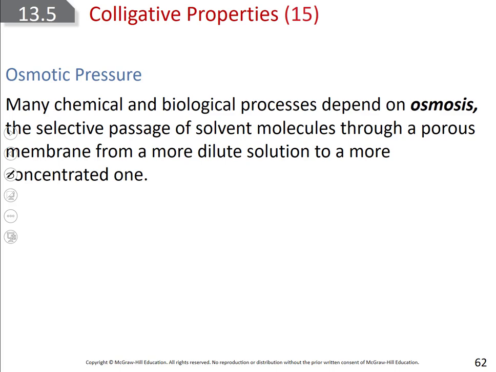Water passes through the dialysis tubing because it has a semi-permeable membrane, meaning it has very small holes that allow small molecules like water to pass through. Osmosis is how a lot of our biological processes work, such as how the veins of our bloodstream allow nutrients to pass through, or the cell walls. In some cases, the cell walls of our cells have water passing in and out.